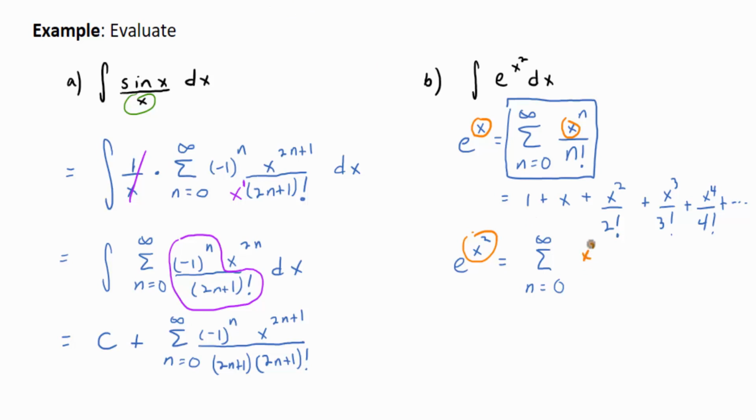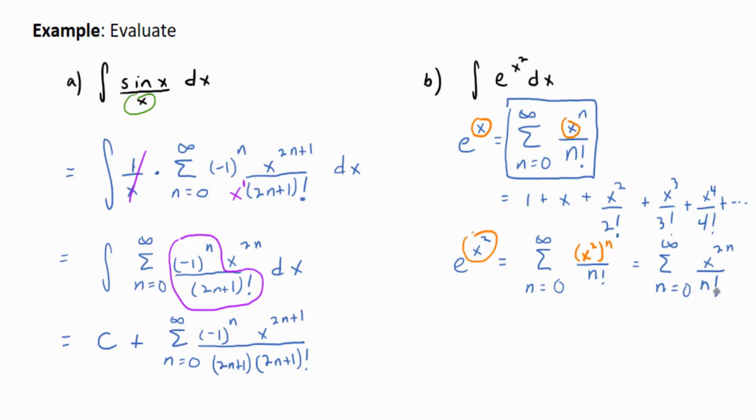Okay, x squared to the n. So that's where the x was, and then the n divided by n factorial stays the same. But then how does that simplify? It's the sum n equals 0 to infinity x to the 2n divided by n factorial.